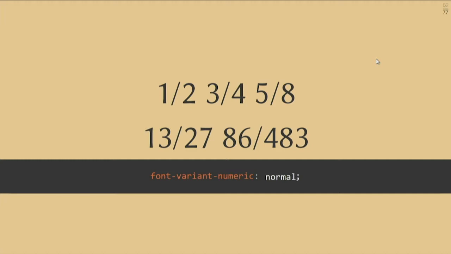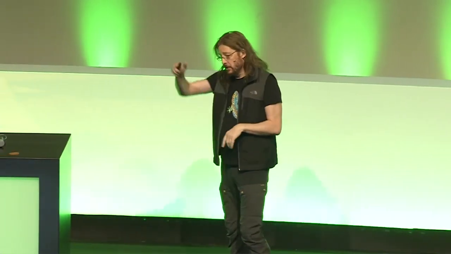Here's another example. In Unicode, there are code points for things like a half or a quarter, for common fractions. The problem with that is, firstly, if you're trying to search for a quarter, you're not going to find it. You're probably not going to put in the character for a quarter. And similarly, if you want something like 13/27ths, you're not going to find a character for that.